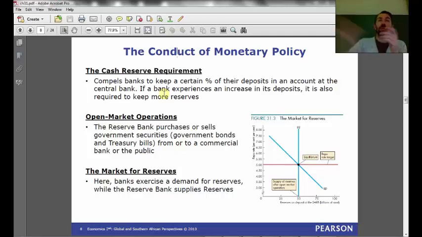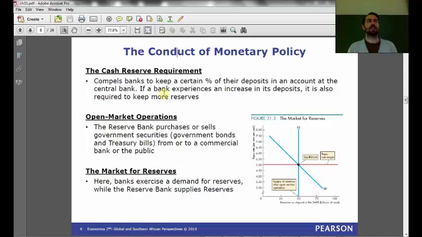But commercial banks also borrow directly from other banks. A bank that has excess reserves can lend to a bank that doesn't have enough reserves. And that happens in an overnight market, and I think it's called the SABOR, the South African Bank Overnight Rate or something like that, where banks lend excess reserves to other banks overnight.